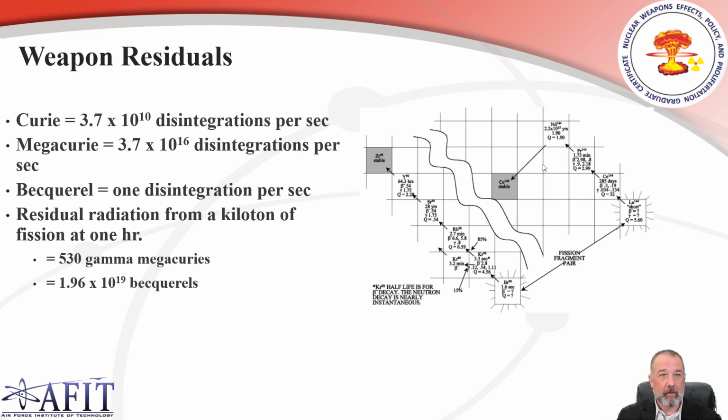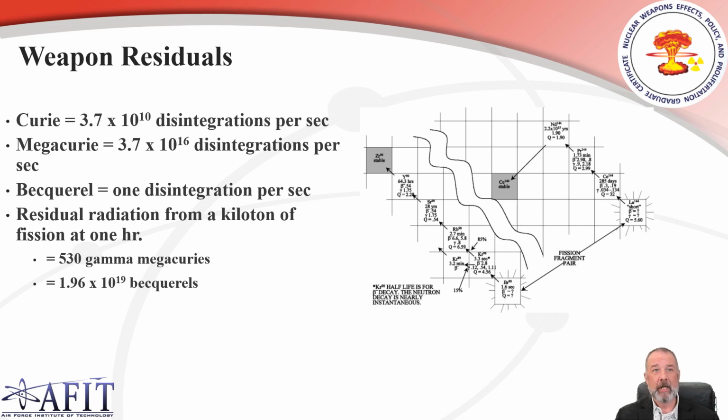If you look through these decay chains and what the different decay times are, or their half-lives, we can see that the residual radiation can be very intense early on, or it could be very longer half-lives.